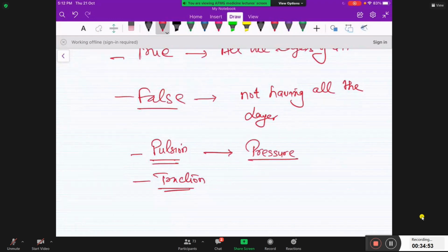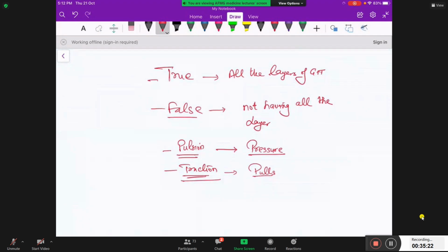Because of an increased pressure, when the outpouching happens, it is called a pulsion type of diverticulum. And if something pulls a structure outside, if the outpouching is happening because of a pull from outside, it is called a traction diverticulum. So if it is because of pressure, it is pulsion diverticulum. If it is because of a pull from outside, it is a traction diverticulum, right?